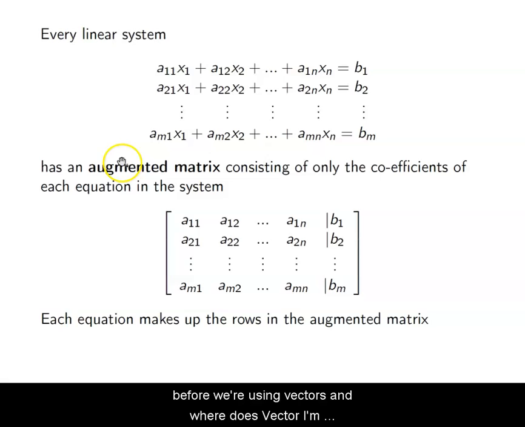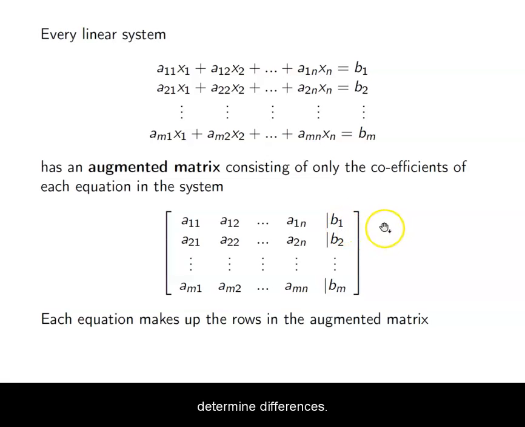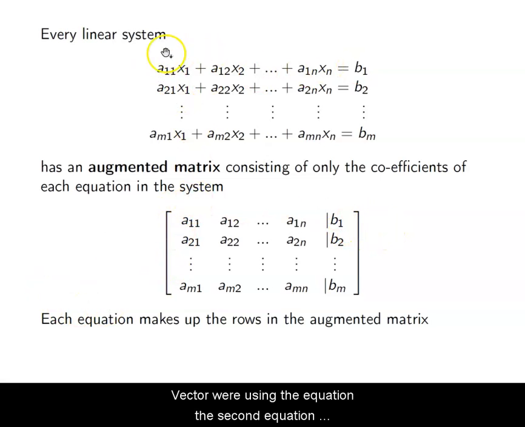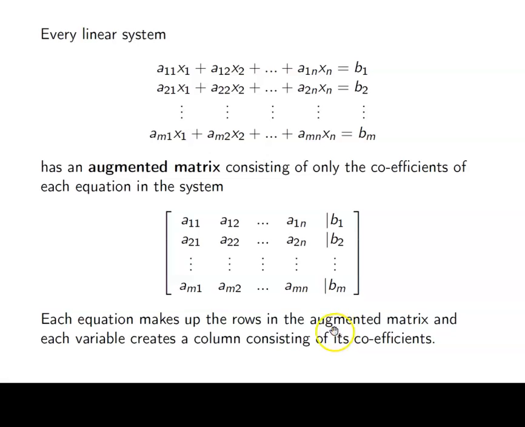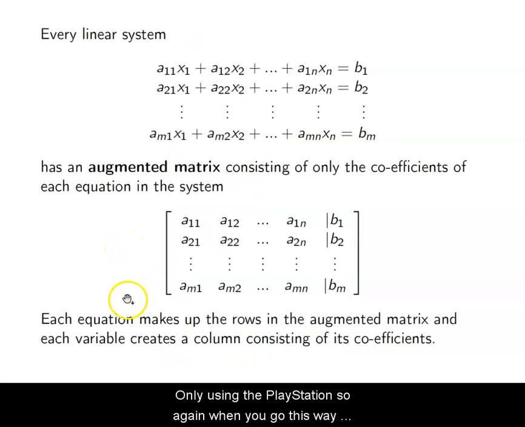So before, we were using vectors and saying, hey, this vector I'm going to put in this row, like for the cross product or the determinant, for instance. So here, instead of using the vector, we're using the equation. The second equation makes up the second row. Okay. And we disregard the variables. We're only using the coefficients.